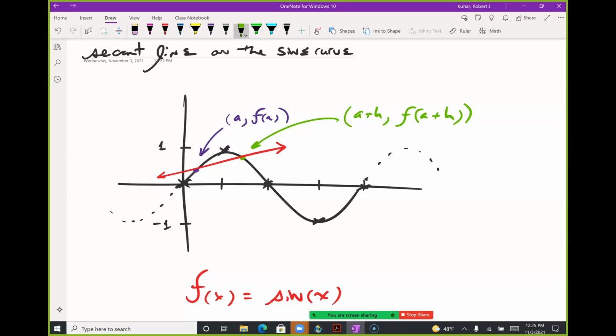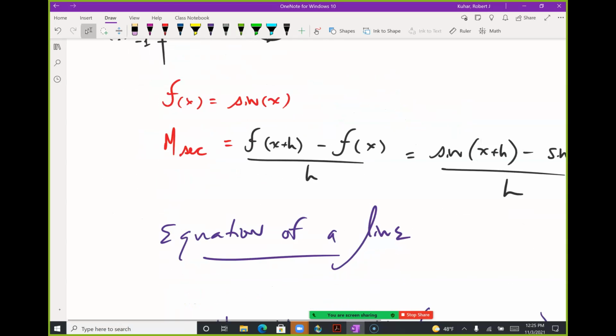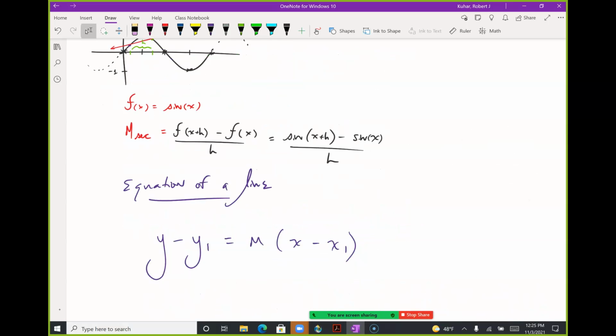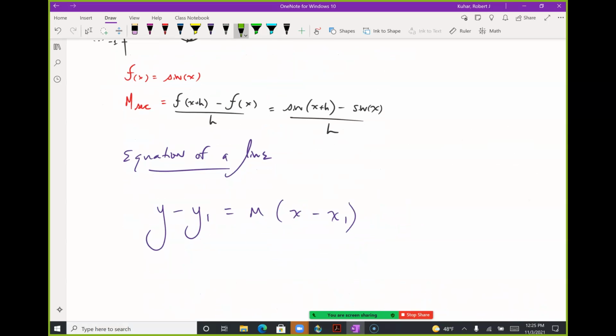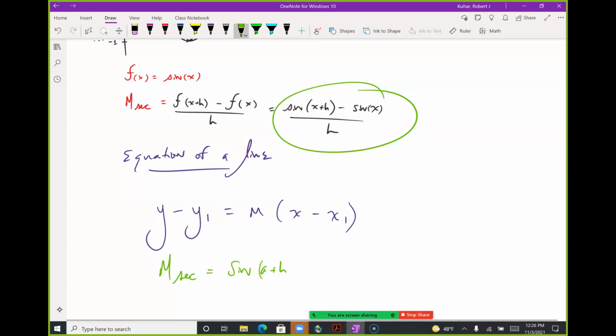Where h is the distance between the two x values. So for us, if we're using this particular slope, m secant is sine of a plus h minus sine of a all over h.